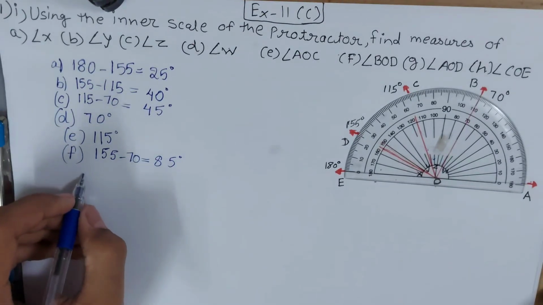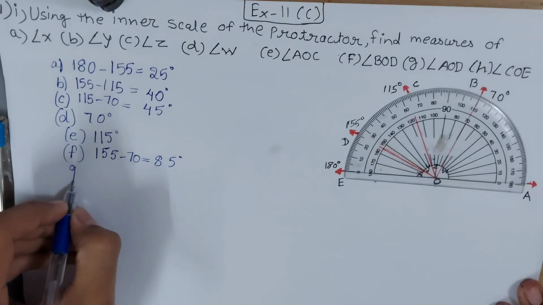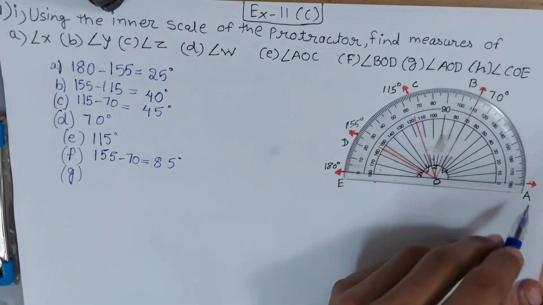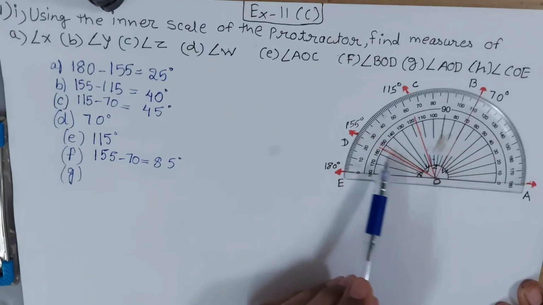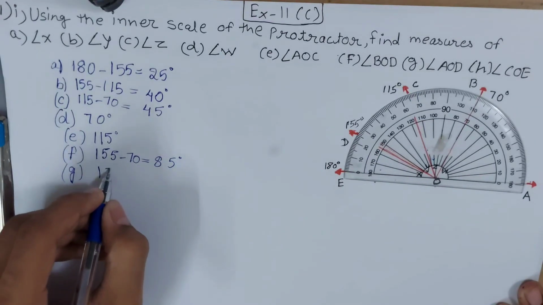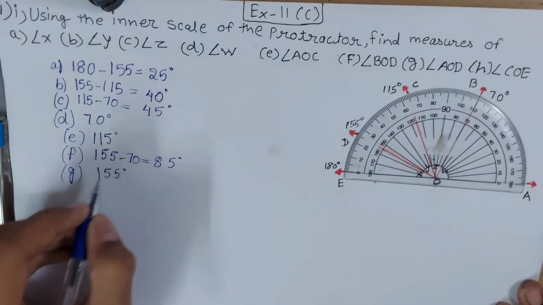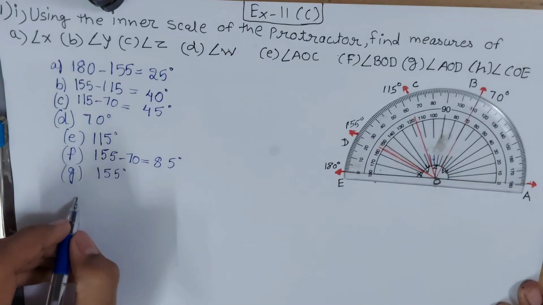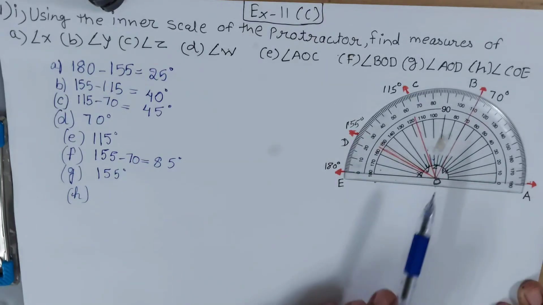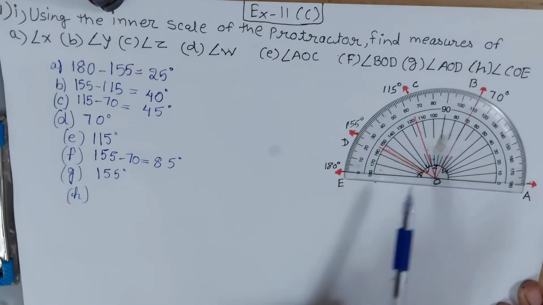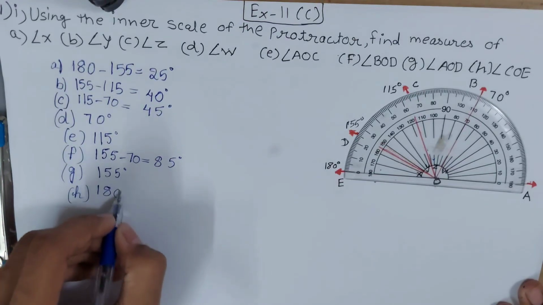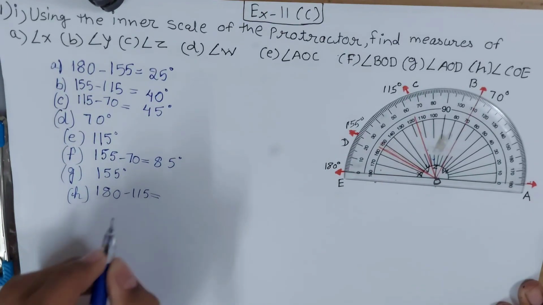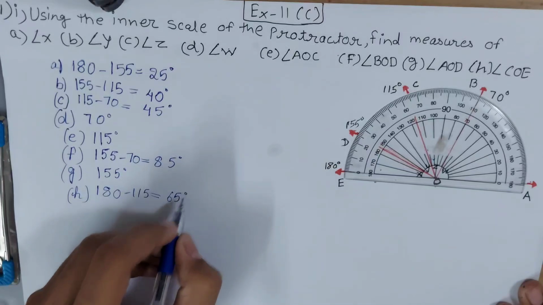Then you have G, angle AOD, which is A, O, and then D. Same thing here, D is at 155 degrees, so your angle will also be 155 degrees. Then you have the H part, that is angle COE. C is 115 and E is 180. Subtract that, 180 minus 115, this is going to be 65 degrees.